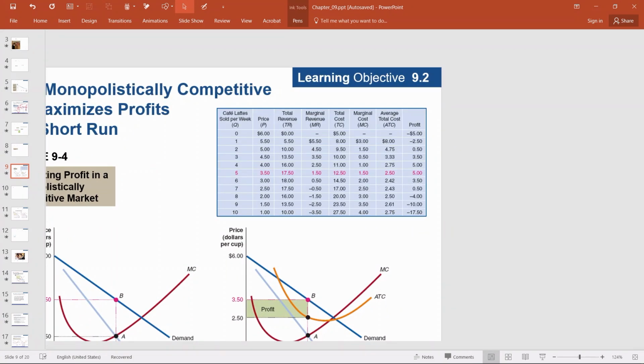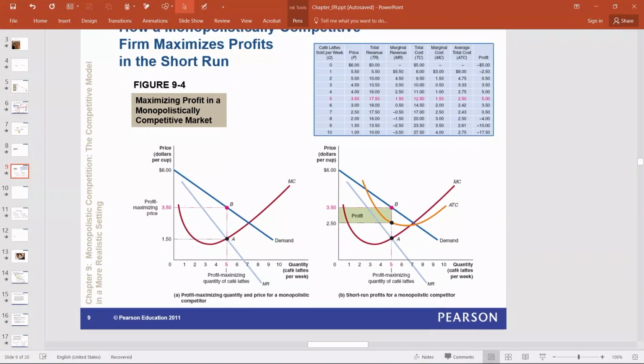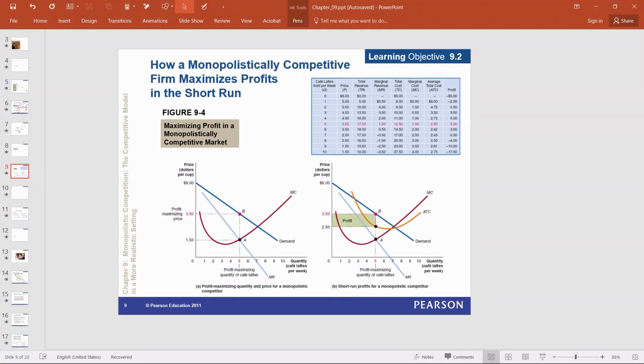And from this table, we can draw these curves. So all these curves are coming from the data here, and we already did the graphical presentation for the demand curve and marginal revenue curve. Marginal cost is coming from here, and average total cost is coming from here.